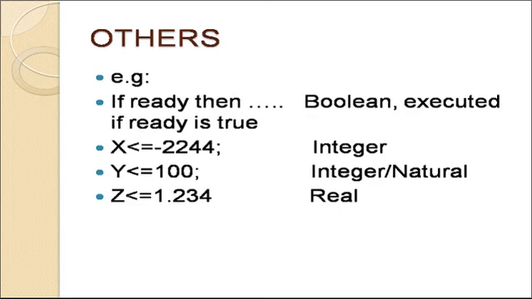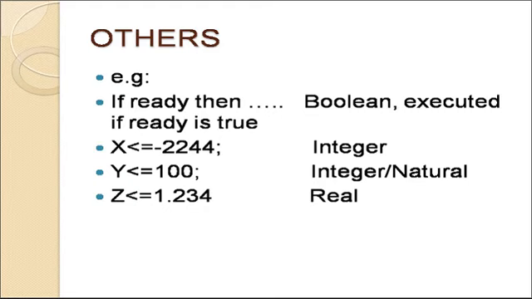There are some more examples over there. You can see that "if ready" is a statement inside a VHDL code. It is showing an example of an if statement, and ready is a Boolean. Ready is a signal you might have used somewhere, and if its value is 1, then it will return true and the condition will be satisfied.